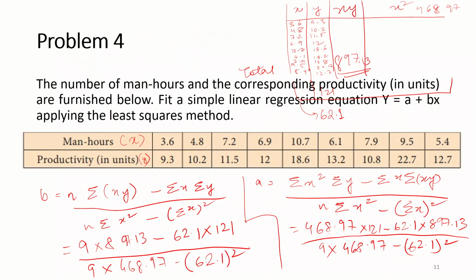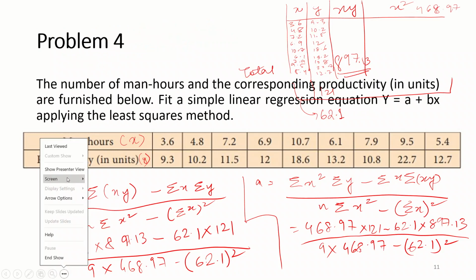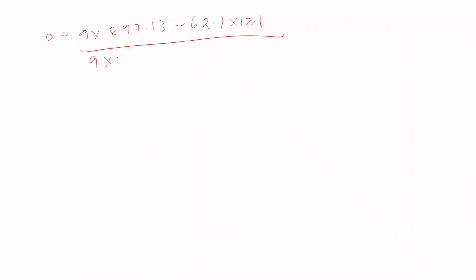So B is coming out to be 1.537. What was the value? 9 into 897.13 minus 62.1 into 121. 9 into 468.97.